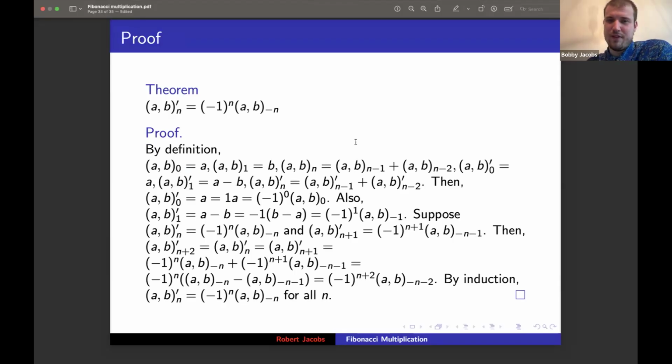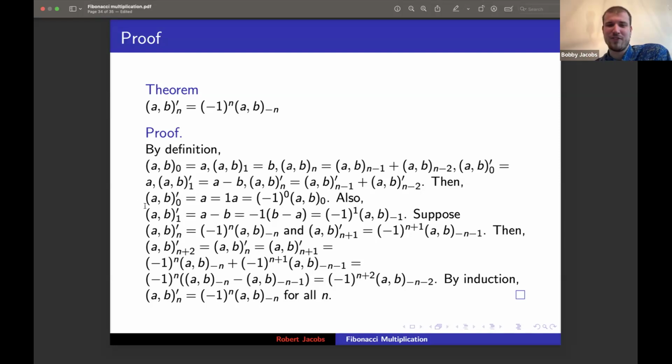And you can show this by induction because AB0 is A, and AB1 is B, and ABN is AB, n minus 1 plus AB, n minus 2. Well, we also know that AB prime of 0 is A, and AB prime of 1 is A minus B, and AB prime of n is AB prime n minus 1 plus AB prime n minus 2.